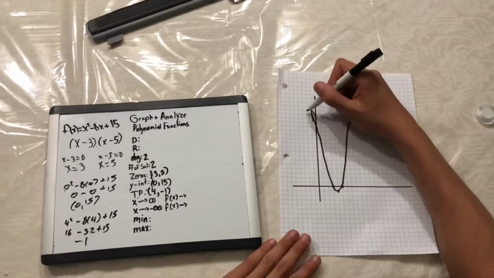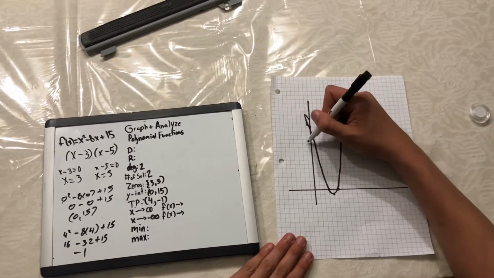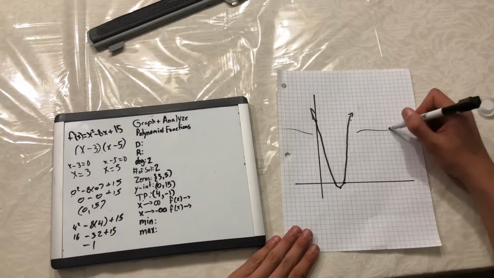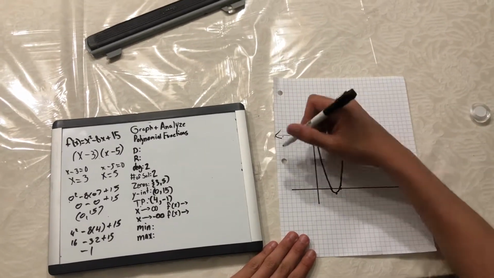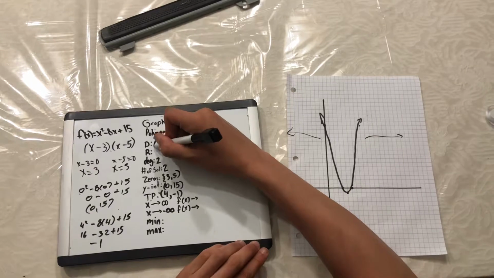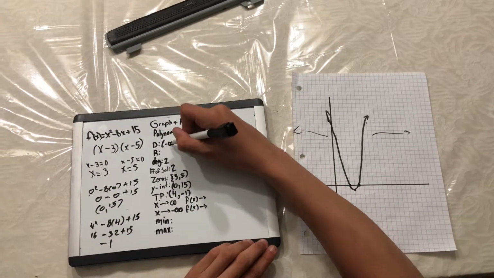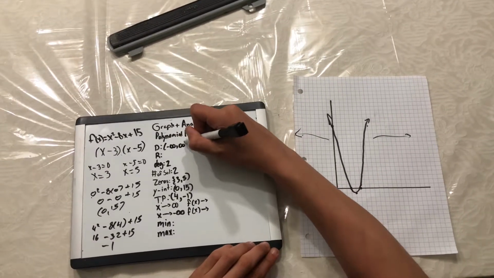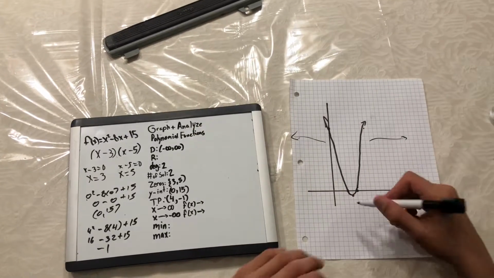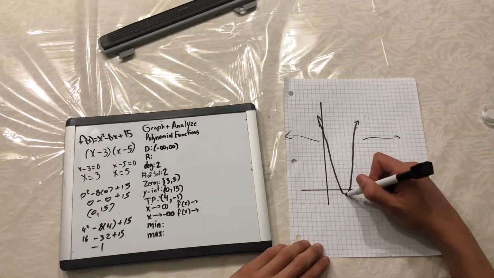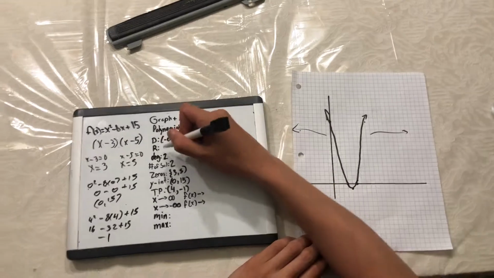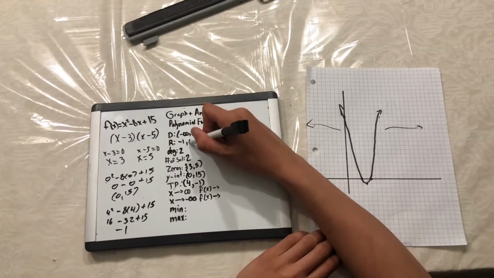And as you can see, our domain is going through all the x points infinitely. It is going through all of them. So our domain would be negative infinity to infinity. And our range starts at negative 1 and goes to infinity. So that will be our range.